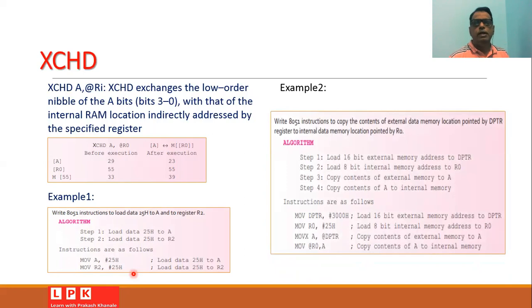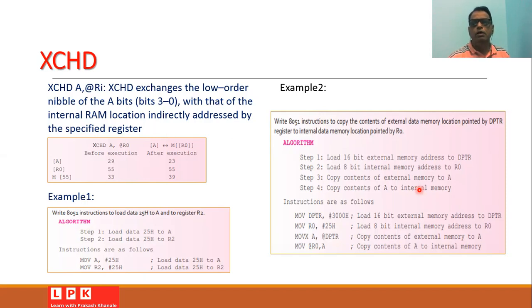Also, suppose you have been given a task to copy the content of the external data memory pointed by the DPTR register to the internal data memory location pointed by R0. In that case, you can prepare an algorithm. First, load the 16-bit external memory address to DPTR. Then load the 8-bit internal memory address to R0.